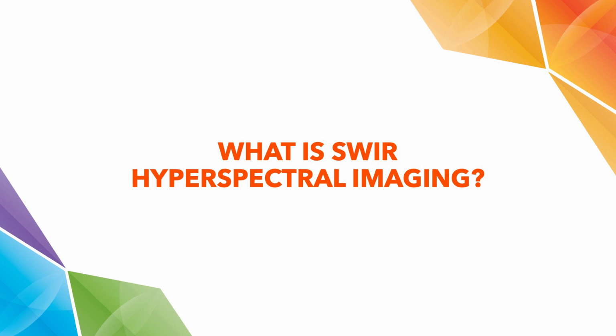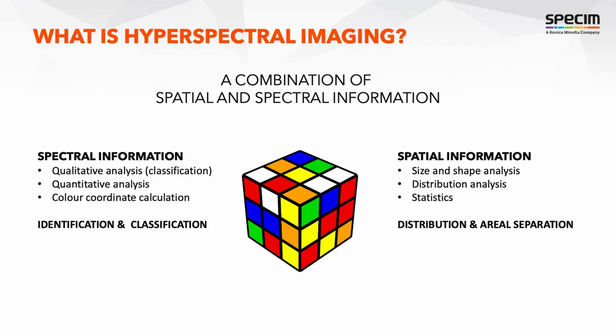What is SWIR hyperspectral imaging? So first, before saying SWIR, let's say hyperspectral imaging in general. You take an image, and instead of normally having 3 bands, as when you are going on holidays, you will have hundreds. And for each pixel, you can have a spectrum, some spectral information. So spectral imaging is a combination of spatial and spectral information.